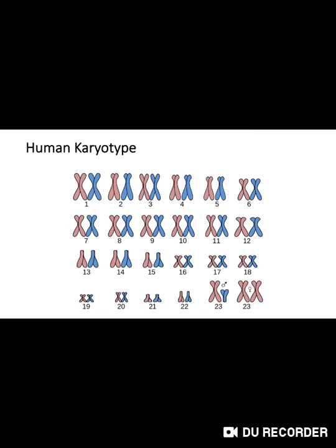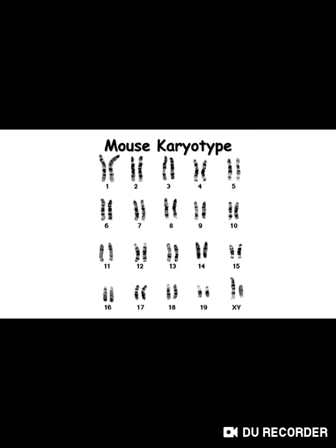In female karyotypes, we have two X chromosomes. This is a mouse karyotype. You can see it's different, and the numbers of chromosomes are different too. Mice have 19 pairs of chromosomes, and we have 23 pairs of chromosomes.